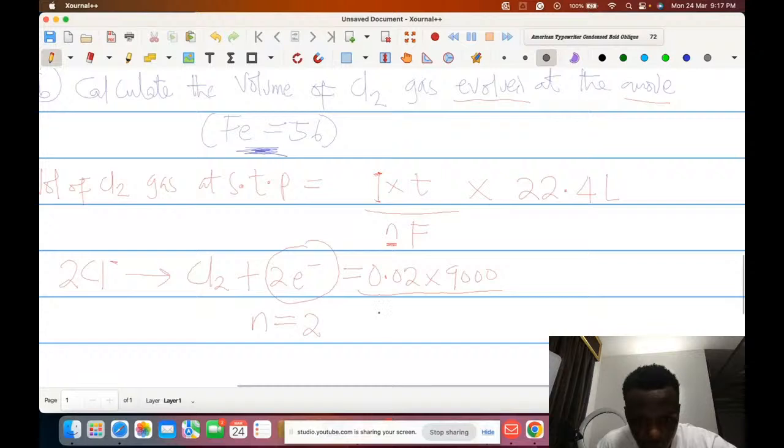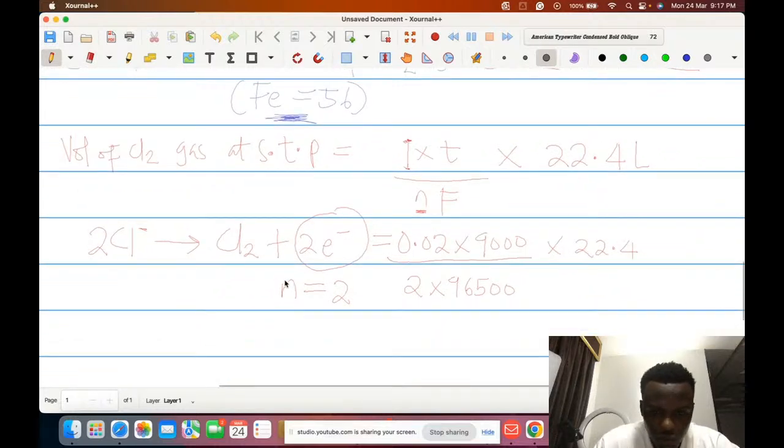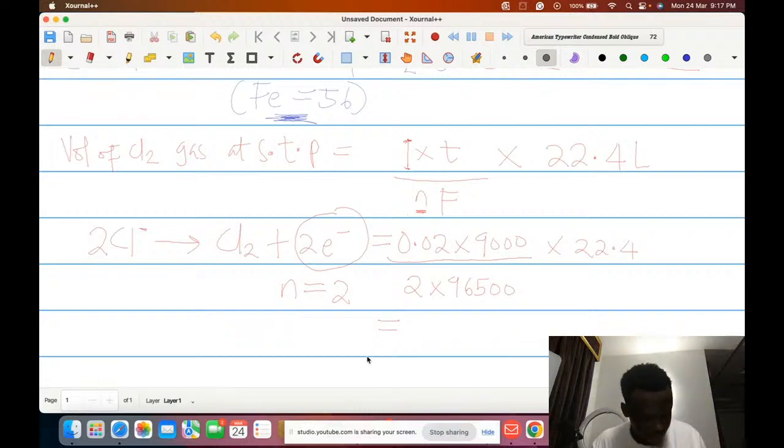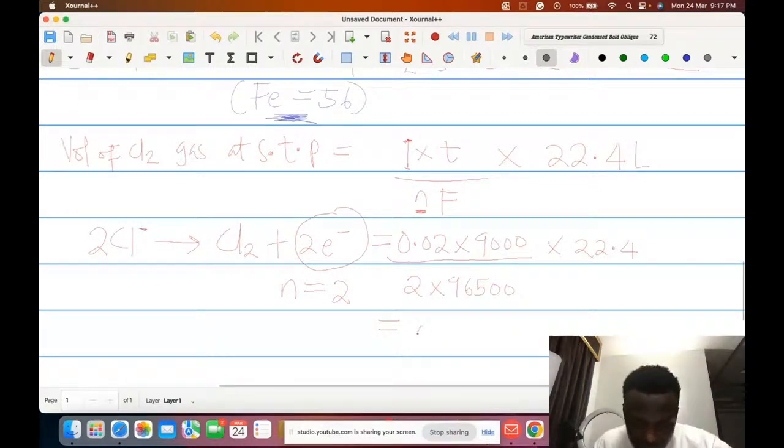Now the number of moles here is 2 times the Faraday constant, 96500. This is times 22.4. Now, if you do that, this becomes equal to 0.0209 liters. So that is how we solved that second question.